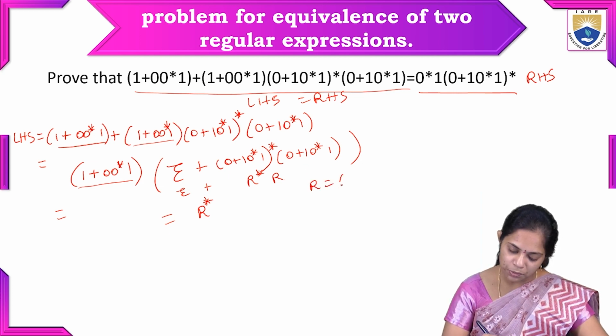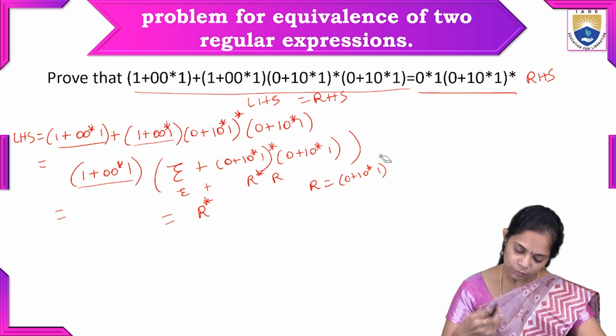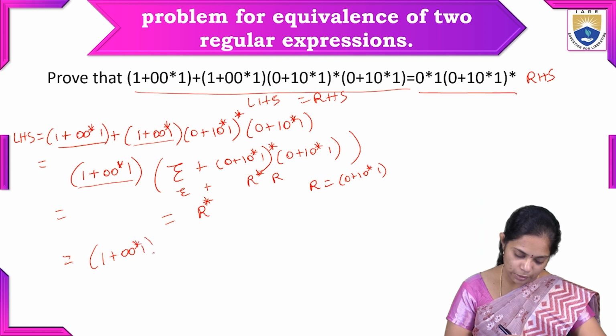R is equal to 0 plus 10 star 1. By performing this substitution, we will get 00 whole star of 1, then R star, where R is 0 plus 10 star 1 whole star, R star.